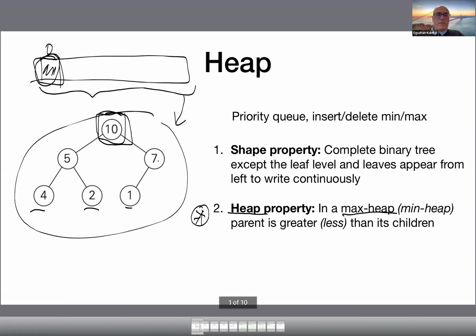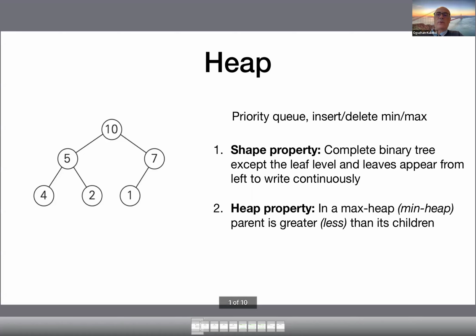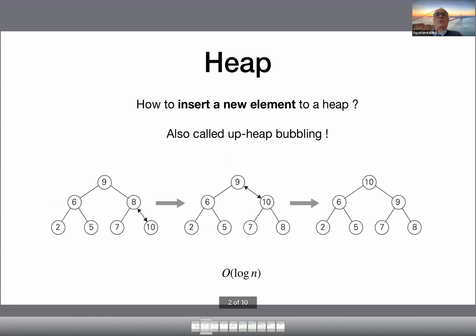Okay, but in this heap structure, there might be some new additions and some deletions, and these should not destroy the heap property. So there should be good ways of achieving these insertions and deletions. This is the first step: how you can insert an element into a heap.